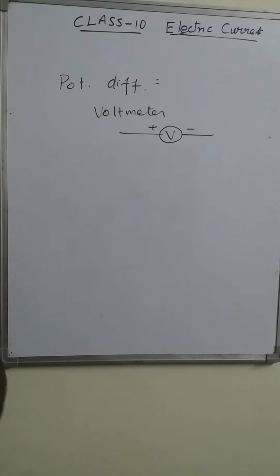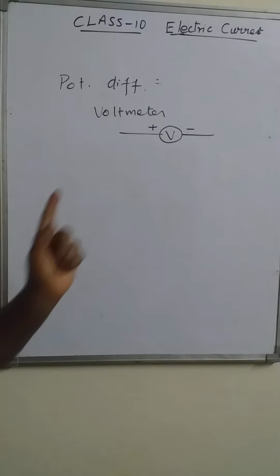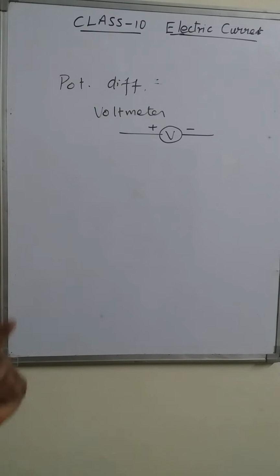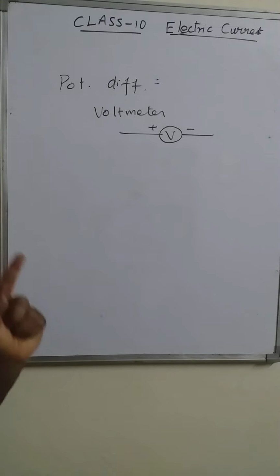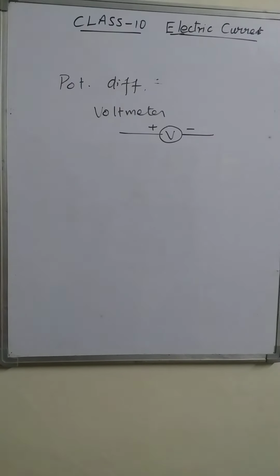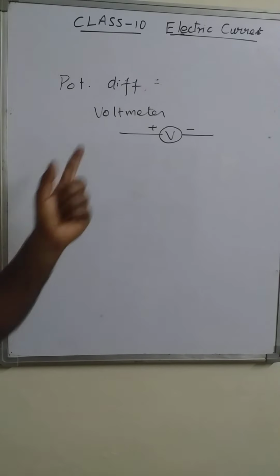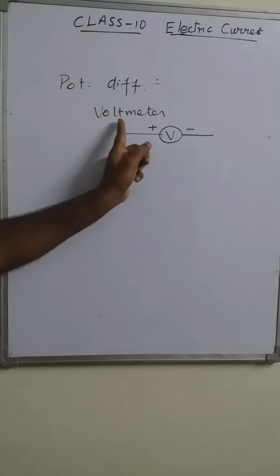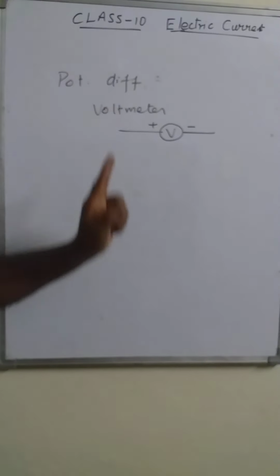It is used to measure the amount of current flowing through any path, any circuit, any component. Circuit we will discuss in the next topic. And this is the device used to measure the potential difference, or we can say the amount of work done by the source across any 2 points, that is voltmeter. You should not write voltameter. It should be voltmeter.